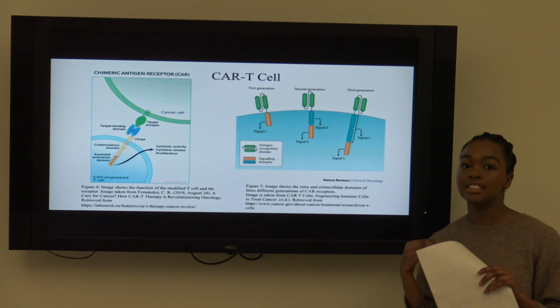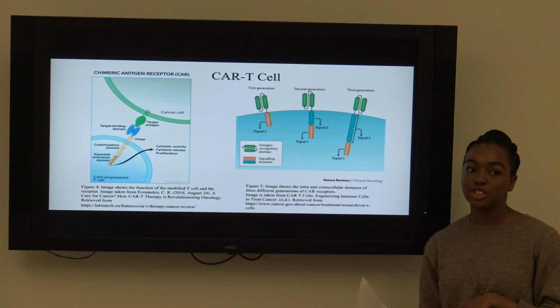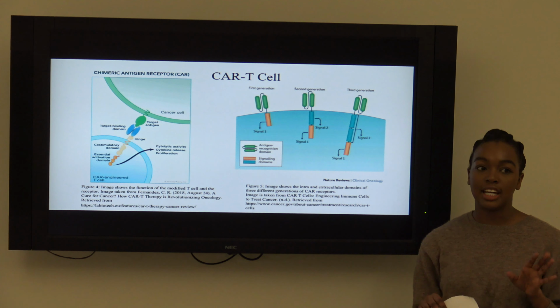Once the receptor binds onto the antigen, it's going to send a signal down into the T cell through those domains to release toxins to kill the cancer and a cytokine. Cytokine is important, and I will further discuss that later.